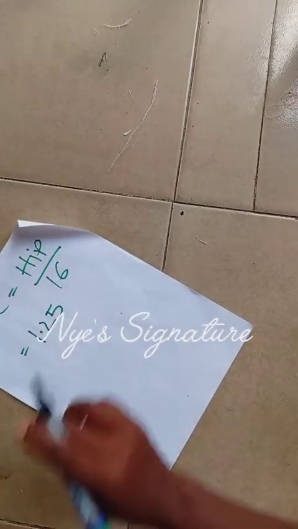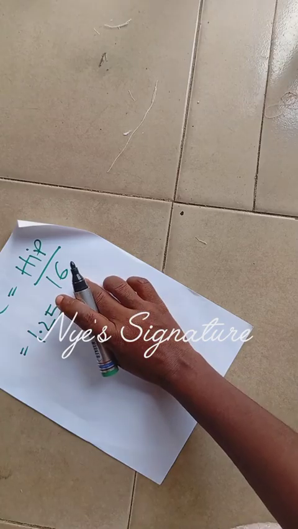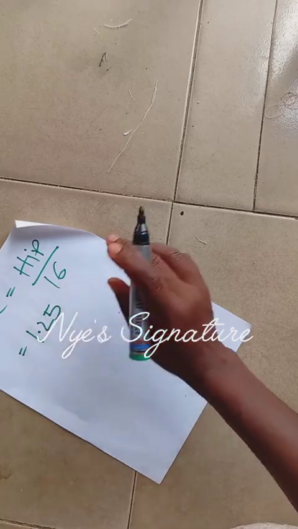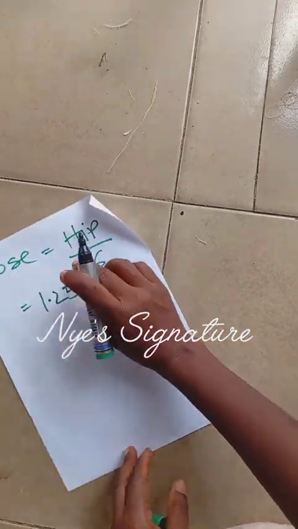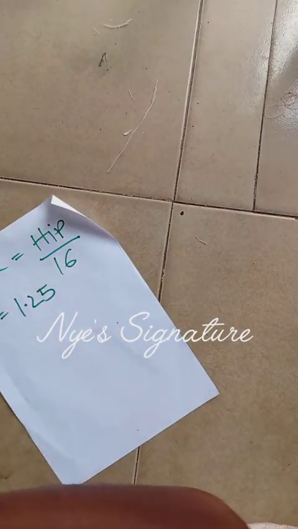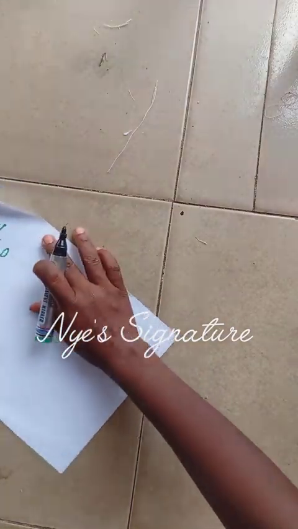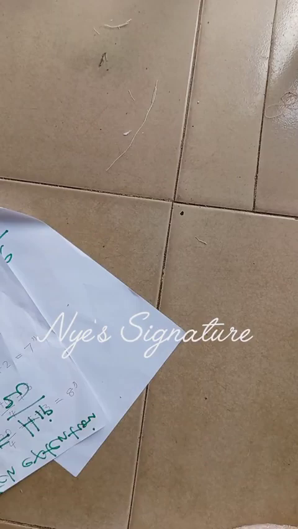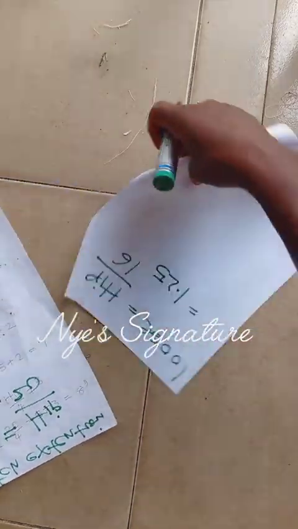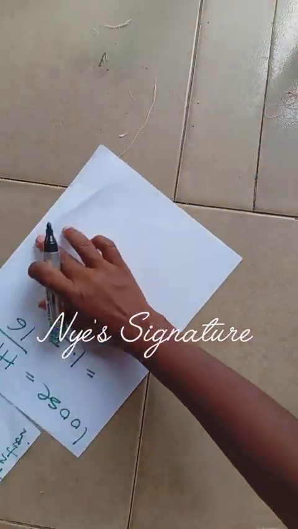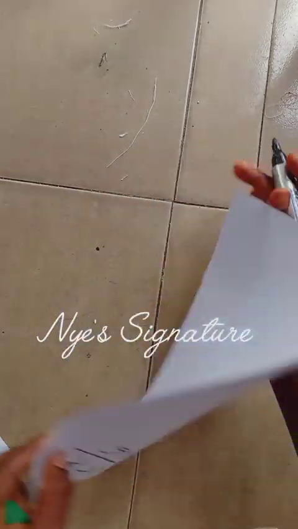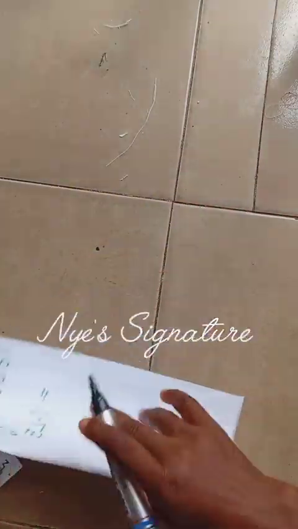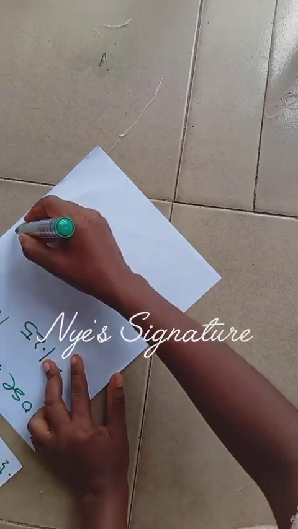So for the crotch extension of this my client that is having hip 20, for the front part of it, I'm going to be extending it with 1.25 inches. I hope you understand this formula. If you do not understand any part of this video, you can go back, rewind backward and listen to it again.